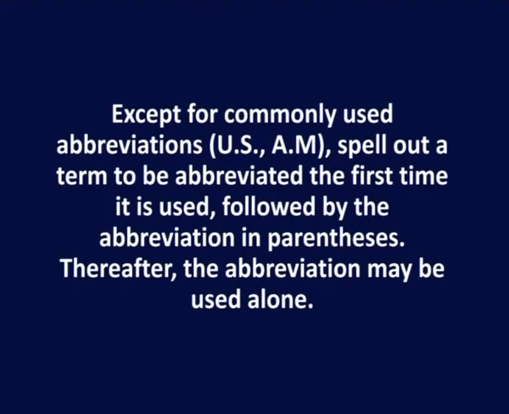Except for commonly used abbreviations like US and AM, spell out a term to be abbreviated the first time it is used, followed by the abbreviation in parentheses. Thereafter, the abbreviation may be used alone. In long documents, repeat the full term in parentheses after the abbreviation at regular intervals to remind readers of the abbreviation's meaning.